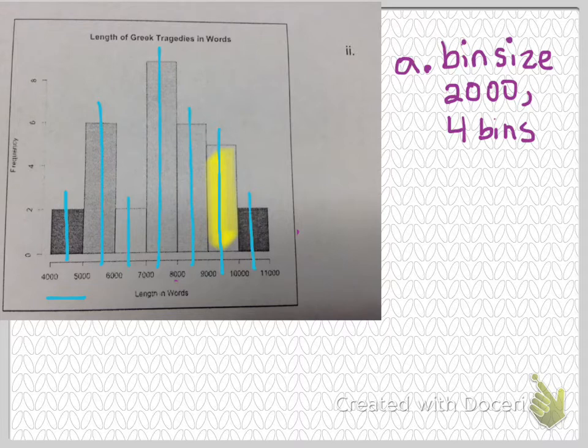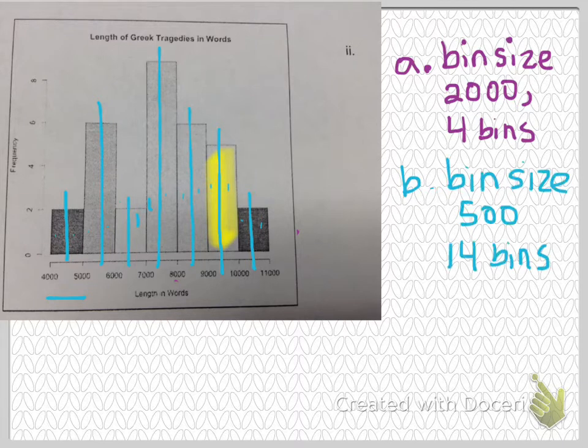We could count 1, 2, 3, 4, 5, 6, 7, 8, 9, 10, 11, 12, 13, 14 little sections. So we would have 14 bins, and each of those would be at a width of 500.